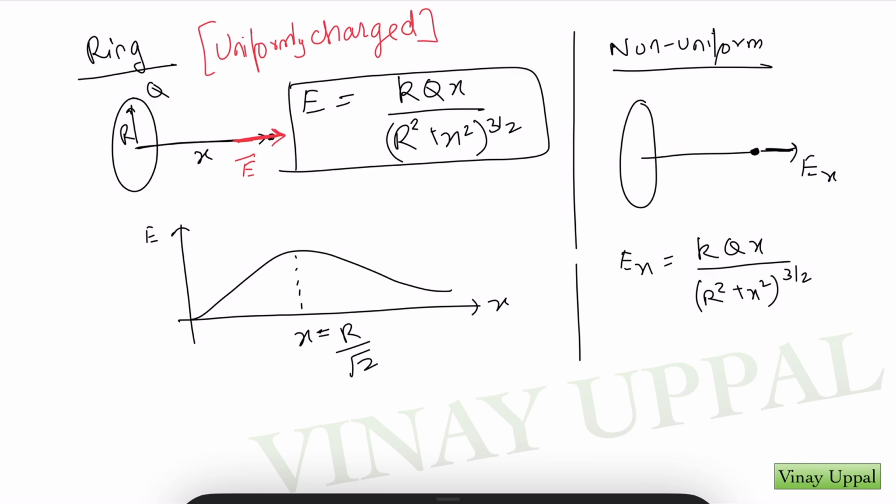The y component in the case of non-uniformly charged ring may be non-zero. I should say y and z component. This is my x-axis, so the yz plane will be parallel to the plane of the ring. So the yz component may be non-zero depending on the charge distribution, but the x component will still be given by this equation.